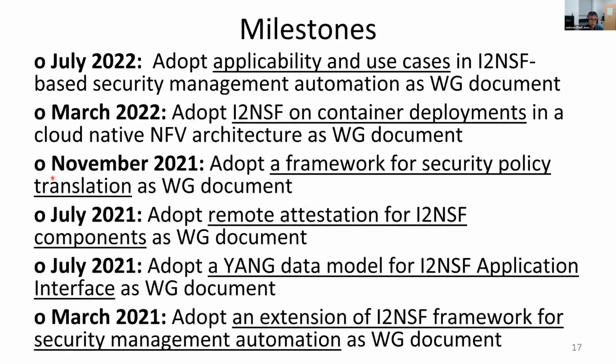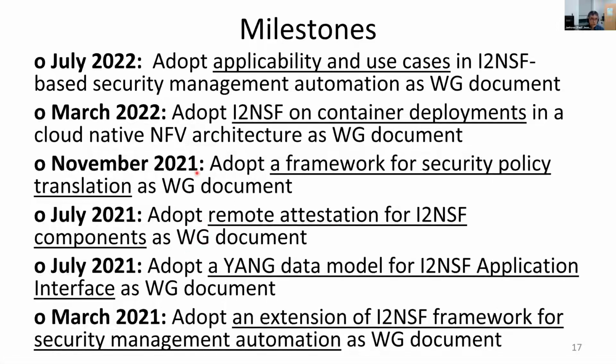According to my estimation, in March 2020, we adopt an extension of the I2NSF framework for security management automation as a working group document. And in July next year, adopt a YANG data model for the I2NSF application interface as a working group document. At the same time, adopt remote attestation for I2NSF components as a working group document.